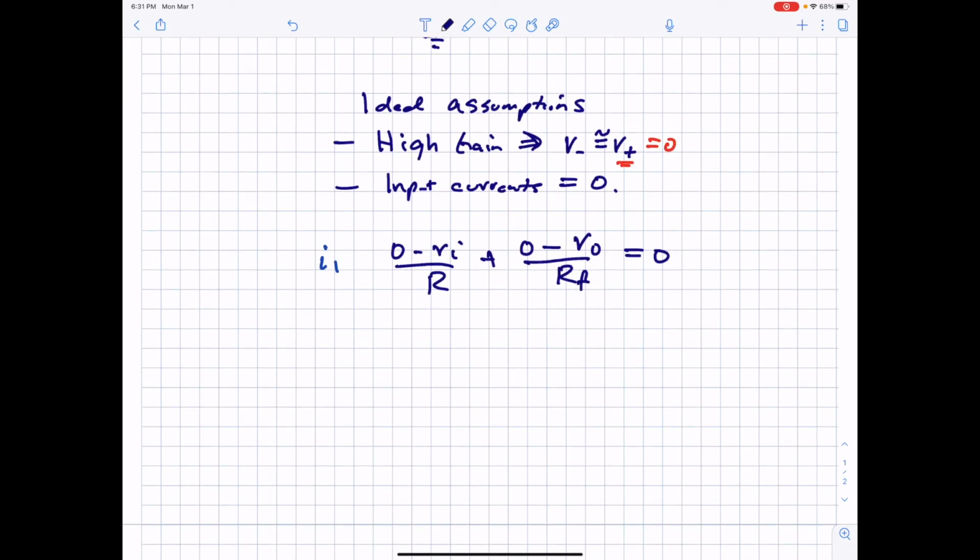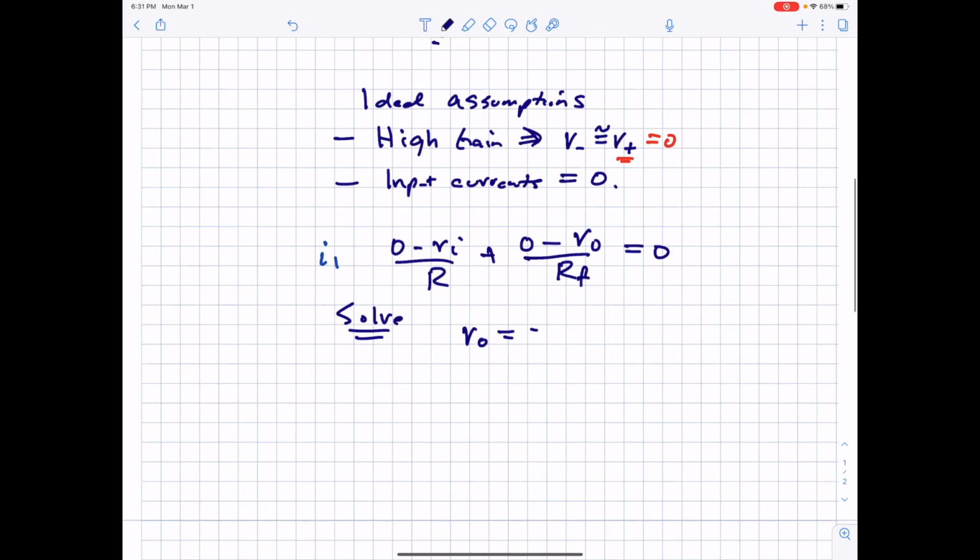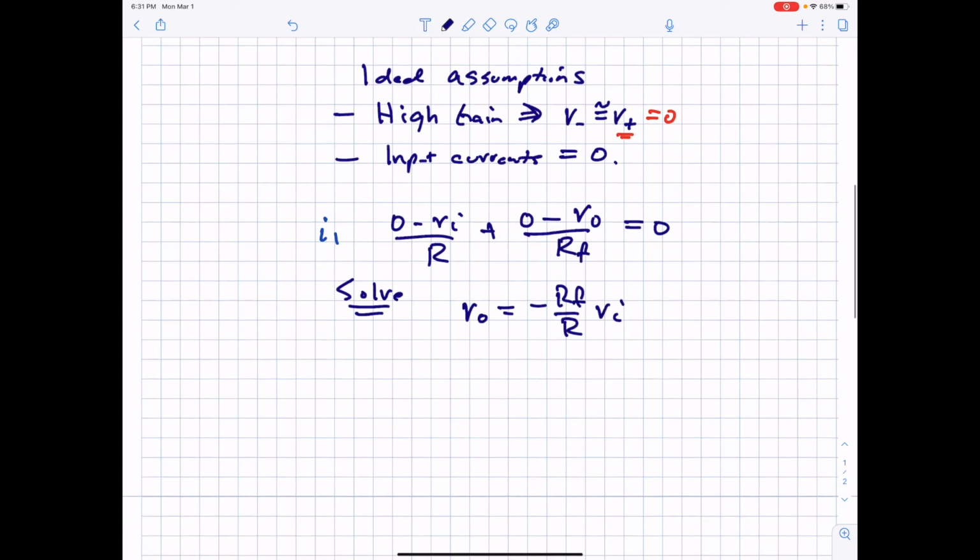We can solve and get essentially a transfer function where V out is equal to minus RF over R times V in. Our transfer function in this case, if we did it in the Laplace domain, everything's a constant, so it's still just RF over R. There are no S's showing up in the expression.